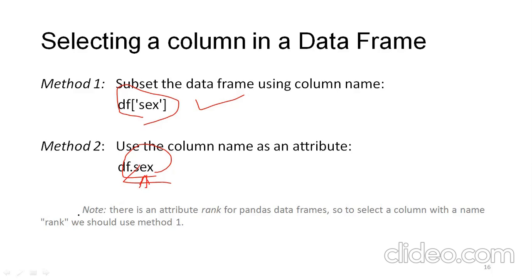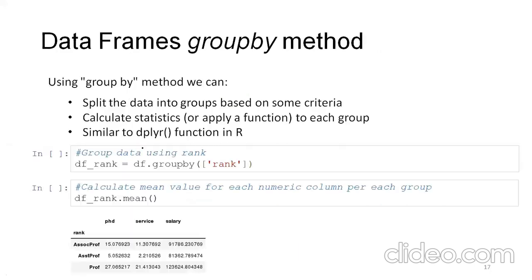But one caveat is there. The data frame already has rank as another attribute. In our SVC record set we also have rank as professor, assistant professor. So to retrieve that rank, I have to go with the first method, because df.rank means the default rank method will be executed, not your SVC record set's rank column. That is one note given there.